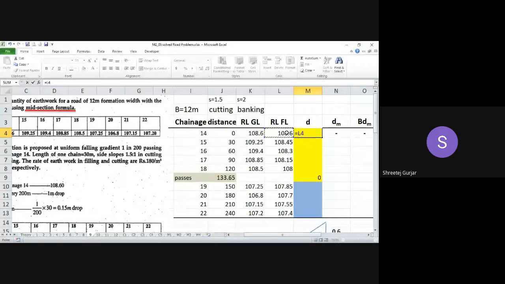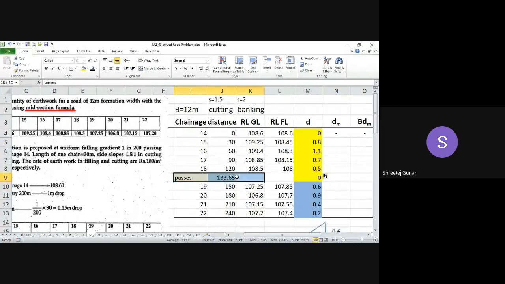So now let us calculate all the remaining things. Depth is RL of formation minus RL of ground, and here it will be the same thing, this minus this. Now because my negative values are there, I'll just convert them to positive, because otherwise it will cause errors further down the calculation. So this is the basic thing which you have to prepare before getting into your calculation.